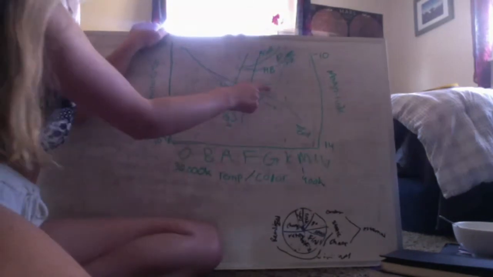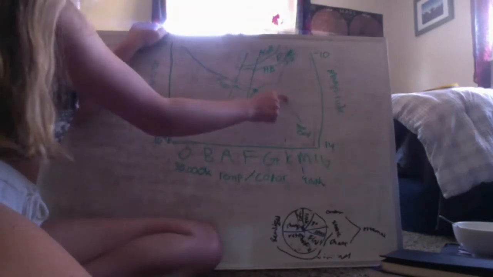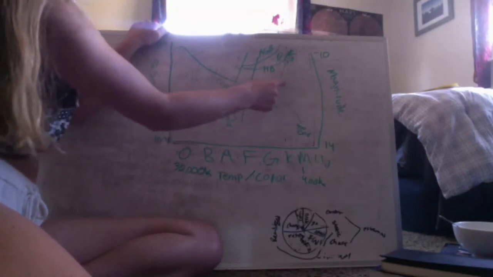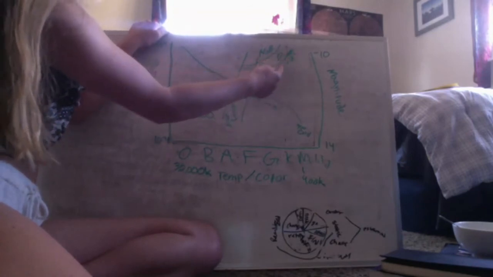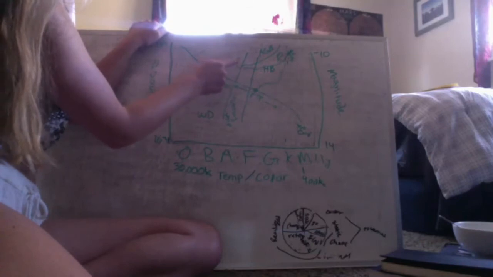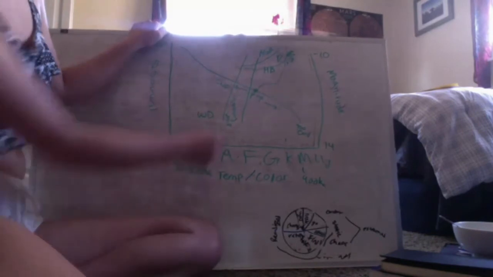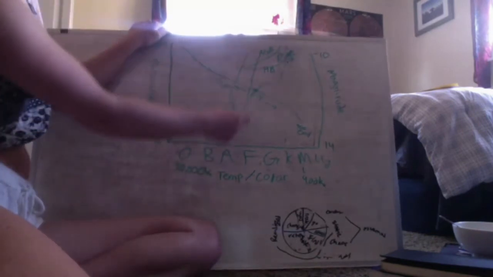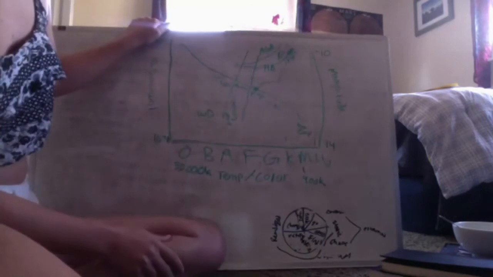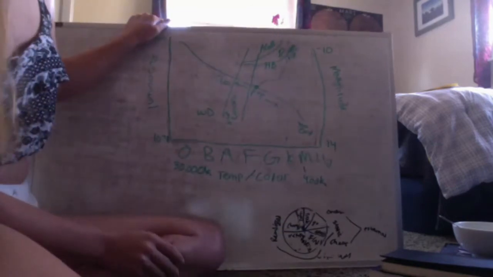There's the path to becoming a red giant, like the helium flash, the horizontal branch, and the asymptotic giant branch. And then I did the instability strip. I'm not sure if I drew it in the right place, but it's somewhere there.